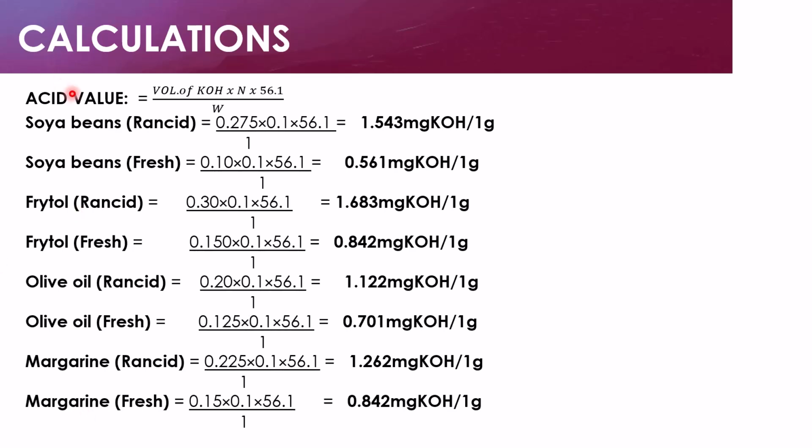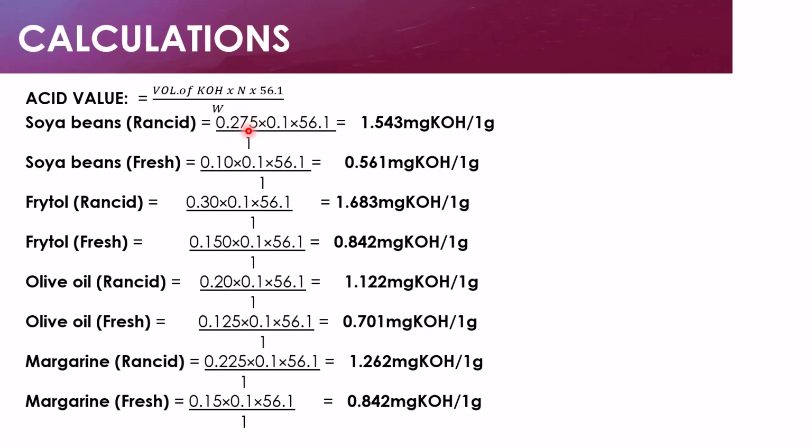The acid value equation, as explained earlier, is given as this. We are now going to substitute our titer volumes into the equation to be able to calculate the acid value for each of the lipids. For the rancid soya beans, we had an average titer volume of this.